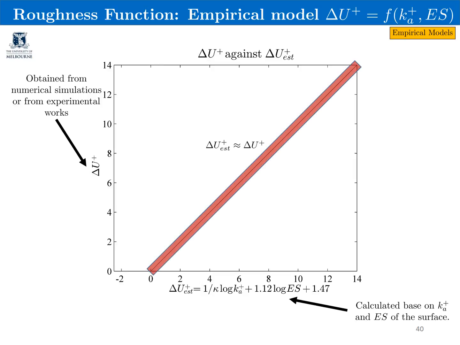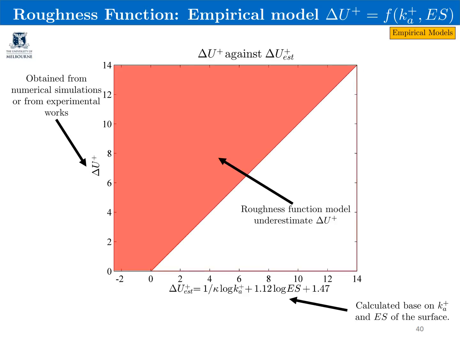This diagonal line here is where the roughness function model is approximately equal to the roughness function. If the data lies along this diagonal line, it means that our roughness function model is able to accurately predict the drag of a rough surface. If the data lies above this diagonal line, it means that our roughness function model overestimates ΔU+, and vice versa.